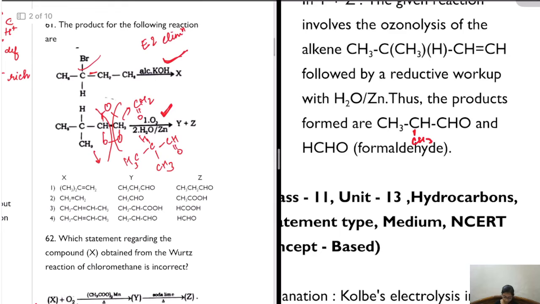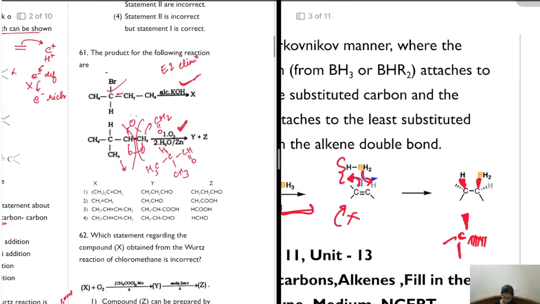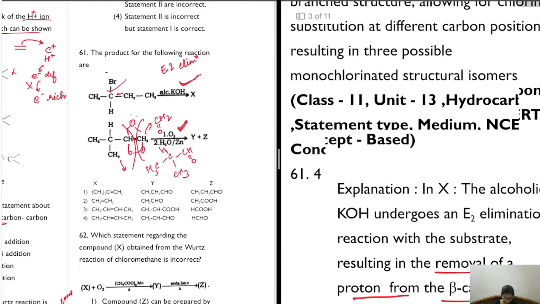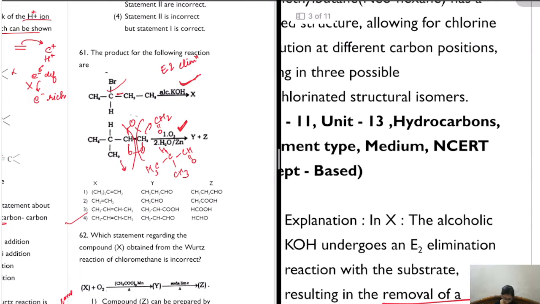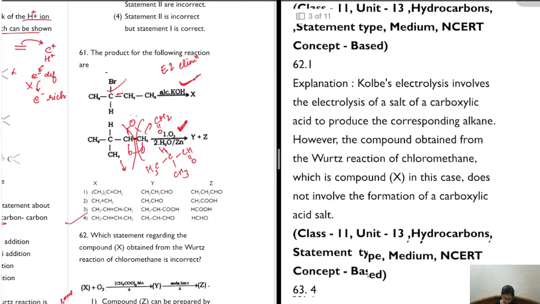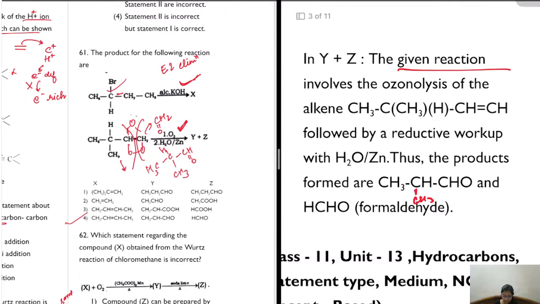Now let's see the next question. Let's see the correct statement. The fourth option is correct. In Y plus Z, the given reaction involves ozonolysis of the alkene, followed by the reductive workup with H2O/Zn.